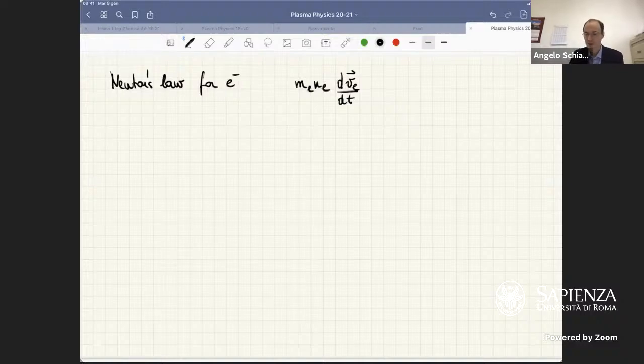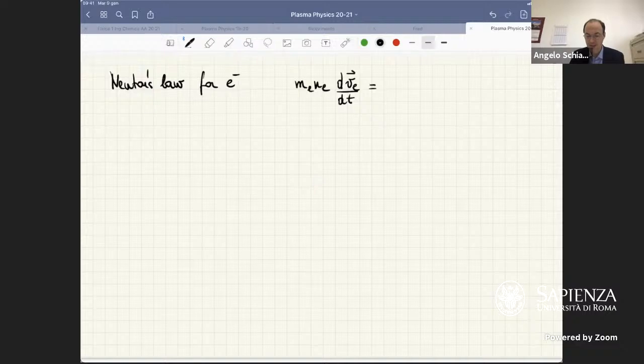You've seen how to treat this with the MHD equations. This is the average velocity in a given point inside the plasma of the electronic distribution. It's equal to what? This is mass times acceleration.